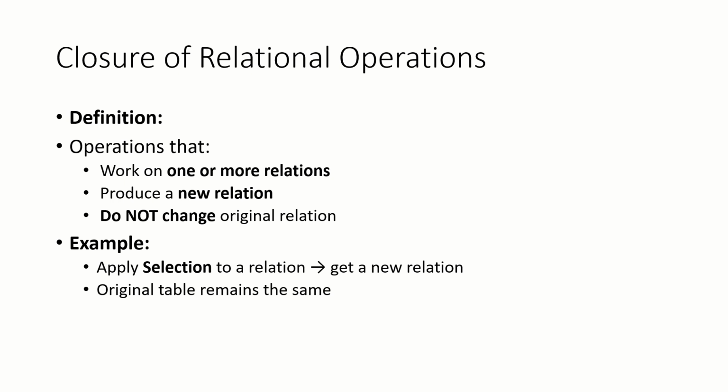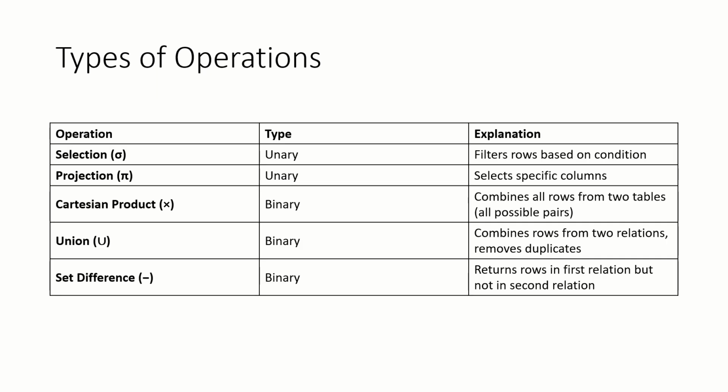Okay, so there are many different types of operations which can be used for relational algebra. We will talk about some of the examples and give you some sense of the operations. The common types of operations include selection, projection, product, union, set difference.